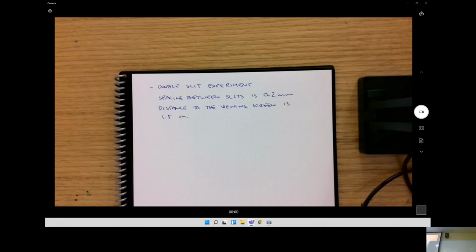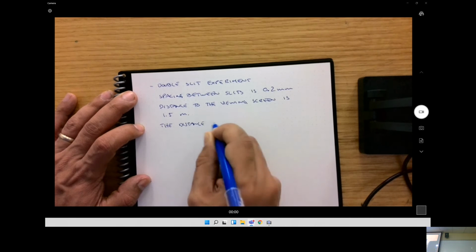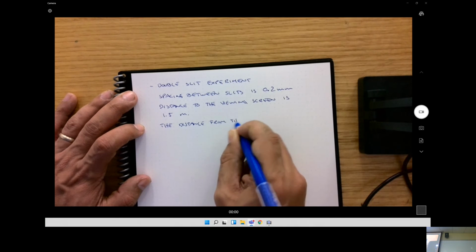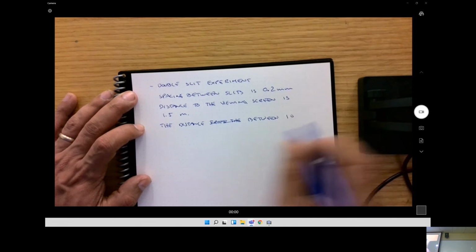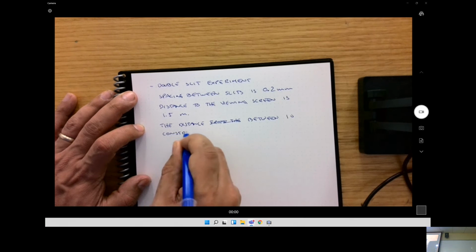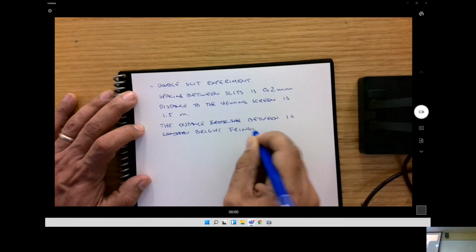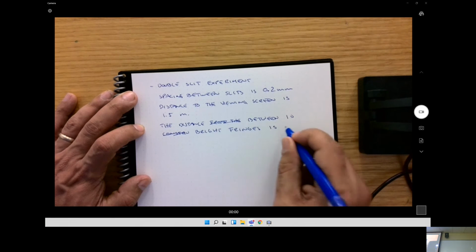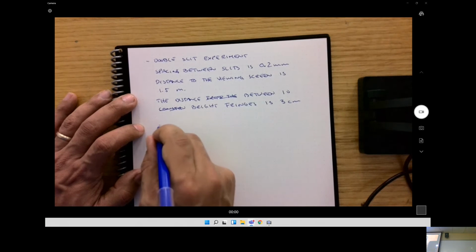I'm going to measure the distance between 10 constructive, or bright, fringes, and it is 3 centimeters. I want to know what is the wavelength of light.